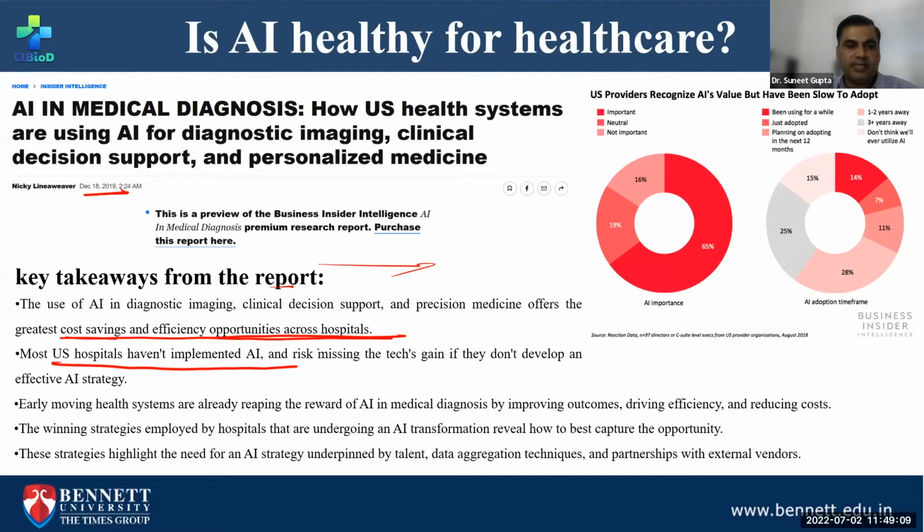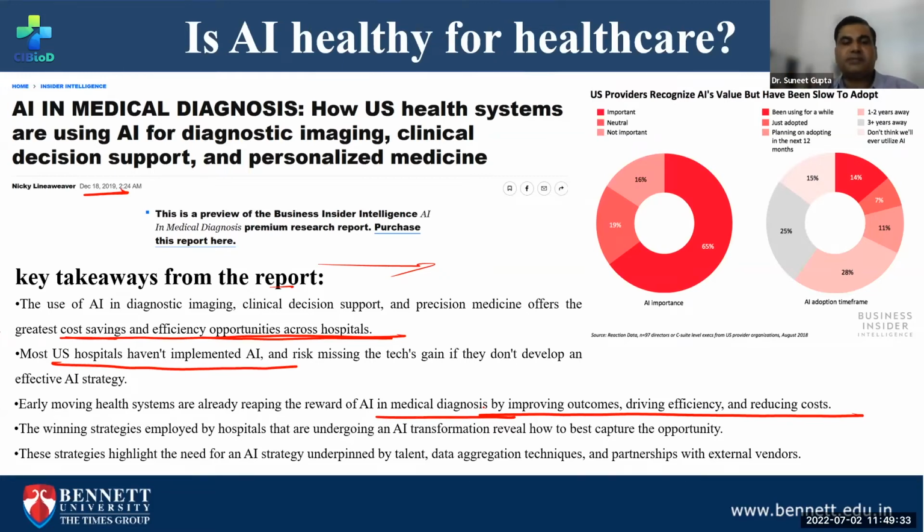Okay, so early moving health systems are already here. You can see that once AI is fully involved in medical diagnosis, it will reduce the cost, as well as easily drive the treatment.